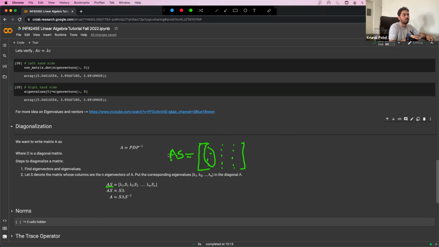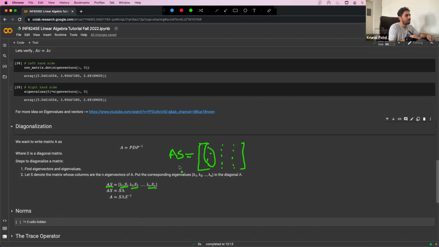A times the first eigenvector is the same as lambda times that eigenvector, because that's the property of eigenvectors. Similarly, A times the second eigenvector is lambda 2 times the second eigenvector, and A times the third and nth eigenvector is its corresponding lambda times that eigenvector. So it's the corresponding lambdas and S, right?